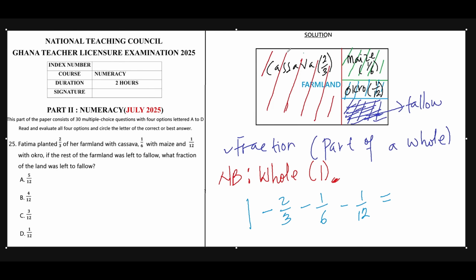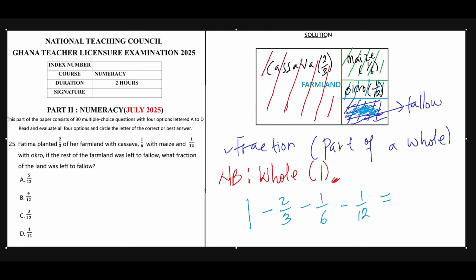The whole is taken as 1. 2/3 was used to cultivate cassava, so we subtract that from the whole. 1/6 for maize, we subtract that. 1/12 for okra, we subtract that. What will be left is the fraction that was left to fallow.